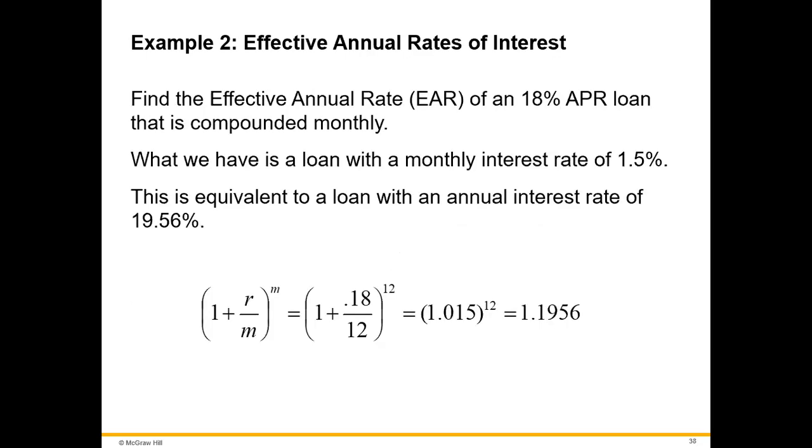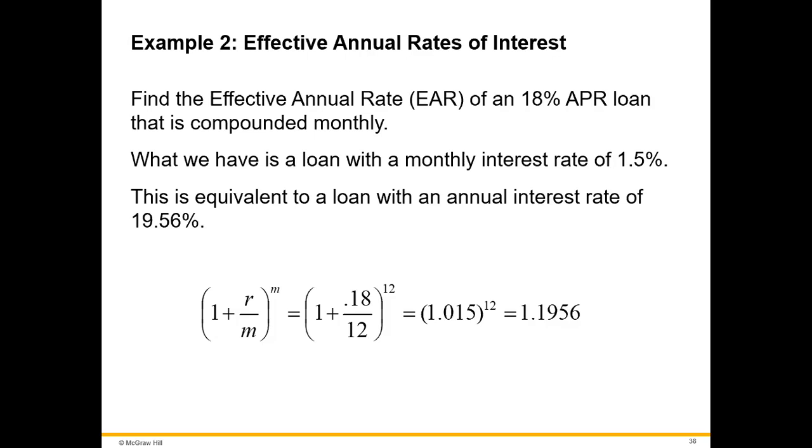So find the effective annual rate of an 18% APR, so that's your annual percentage rate loan, that is compounded monthly. Now, what we have is a loan with a monthly interest rate of 1.5%, 18% divided by 12. This is equivalent to a loan with an interest rate of 19.56%.